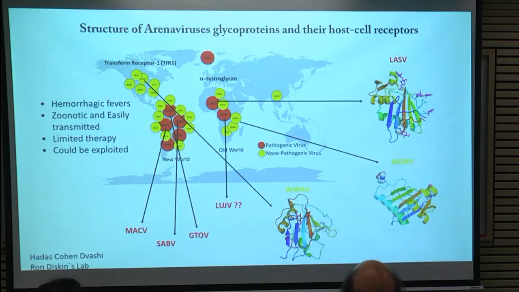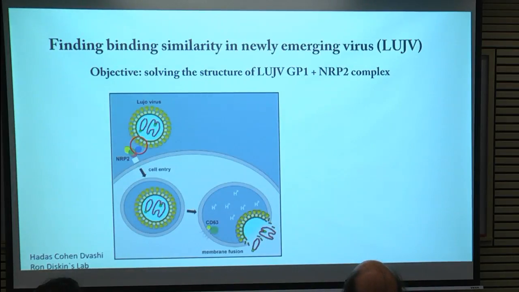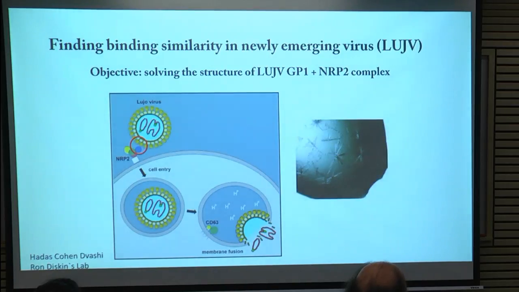So this is very interesting to study, and we expressed and co-purified the Lujo virus GP1 with the NRP2 binding receptor, and we could crystallize them. We got porcupine-looking crystals, which didn't look so promising, but we could optimize them a little bit and get 2.9 angstrom resolution, and I hope to improve it a little bit in this workshop. Thanks.